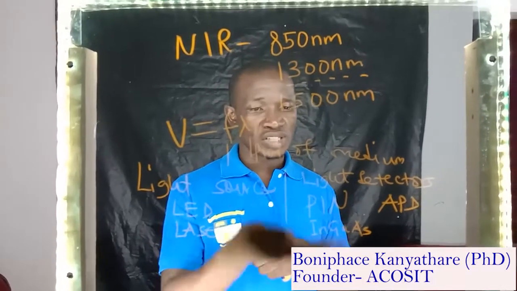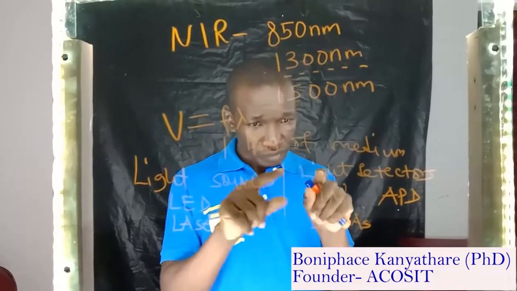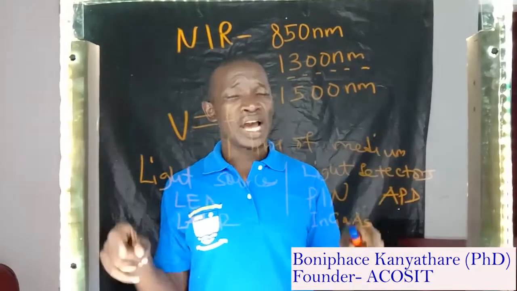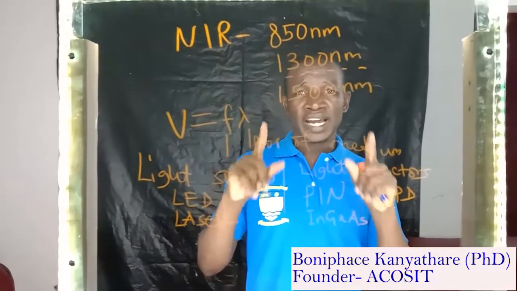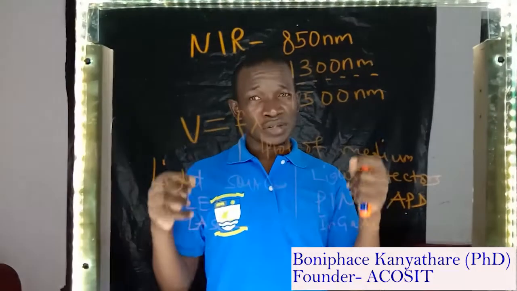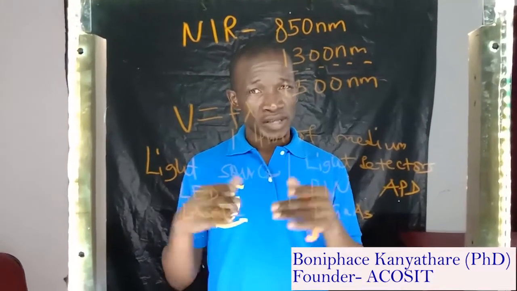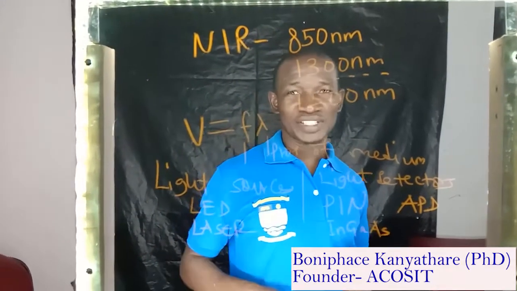An example is indium gallium arsenide, a combination of several things together. As we discussed, I would like to reiterate that near-infrared detectors are expensive compared to CCD detectors that can be used in the visible part of the spectrum. These are things I want you to take into account as we move forward.